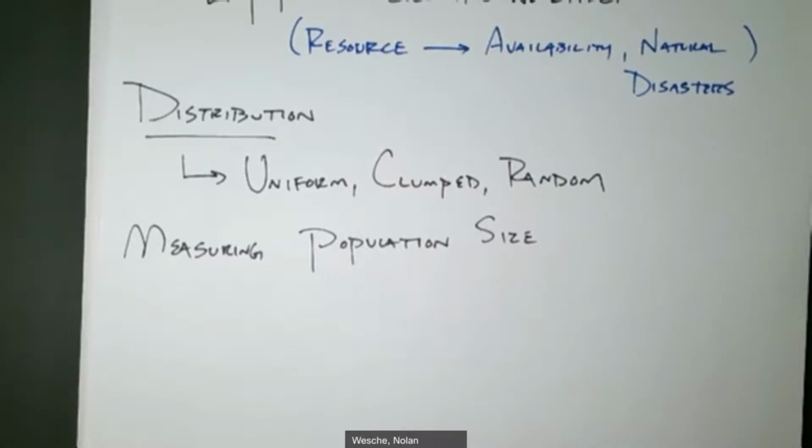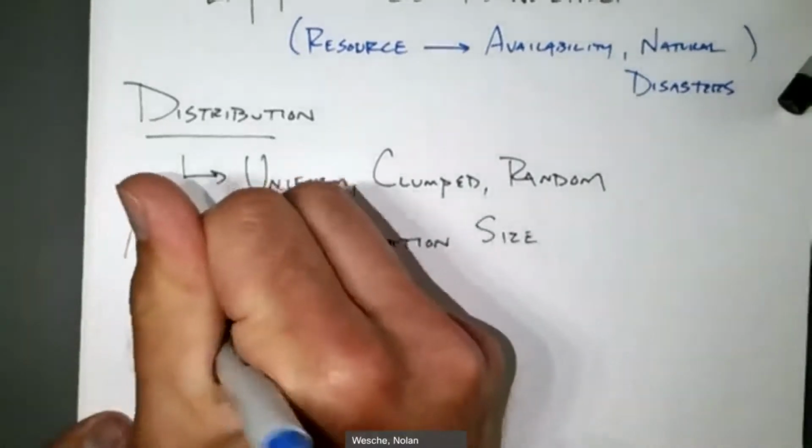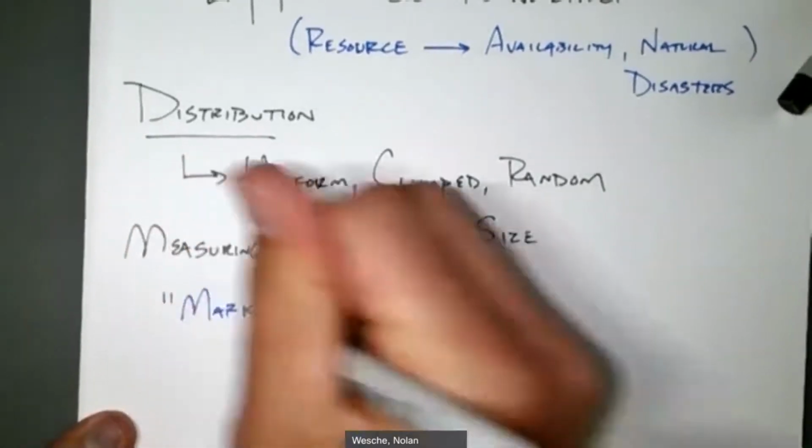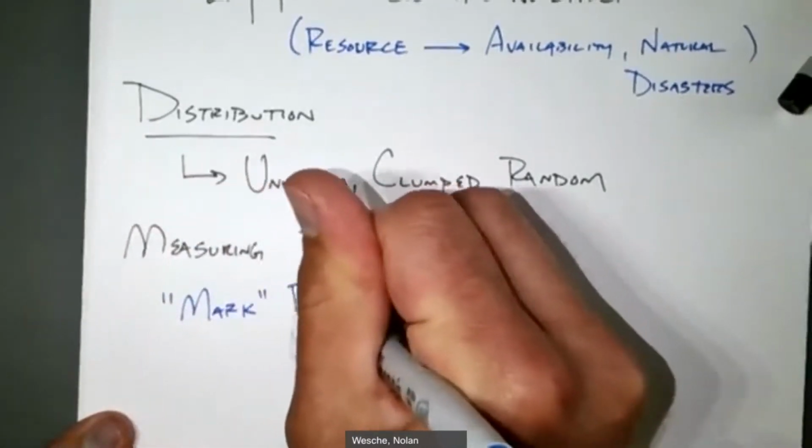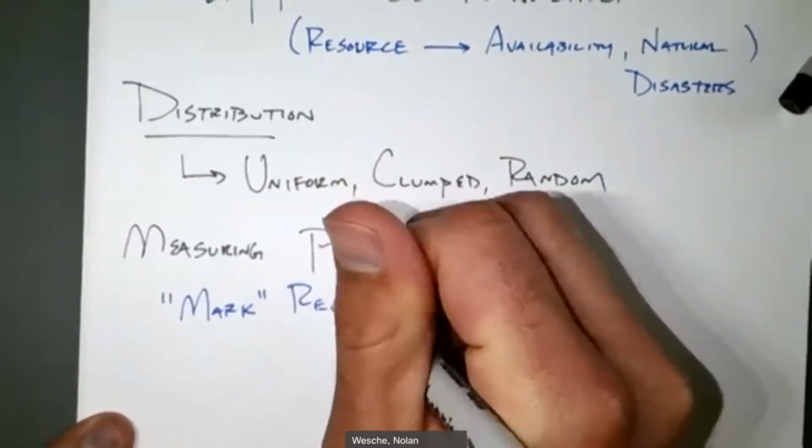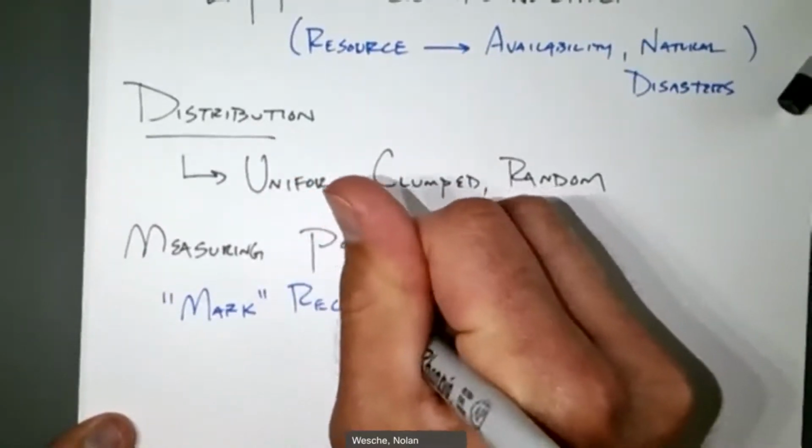When it comes to animals, it becomes a little more difficult. And there's a method that we call mark recapture. So mark recapture. And we're going to talk about how we make use of this.